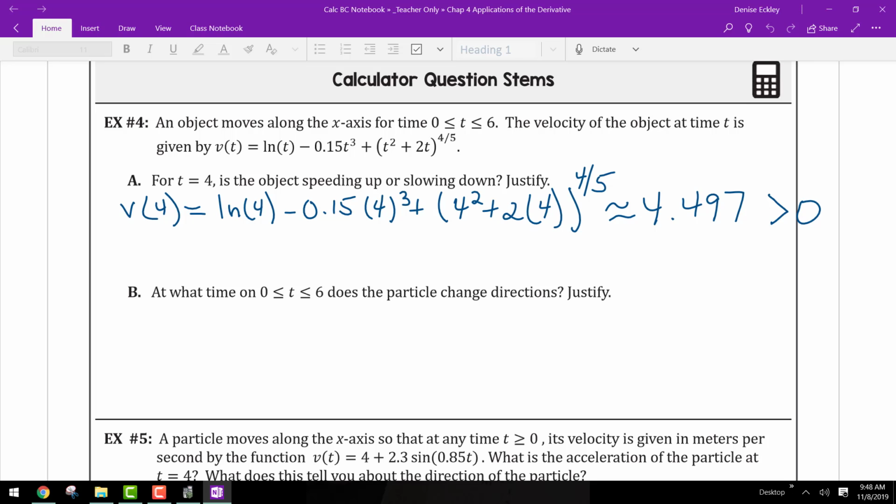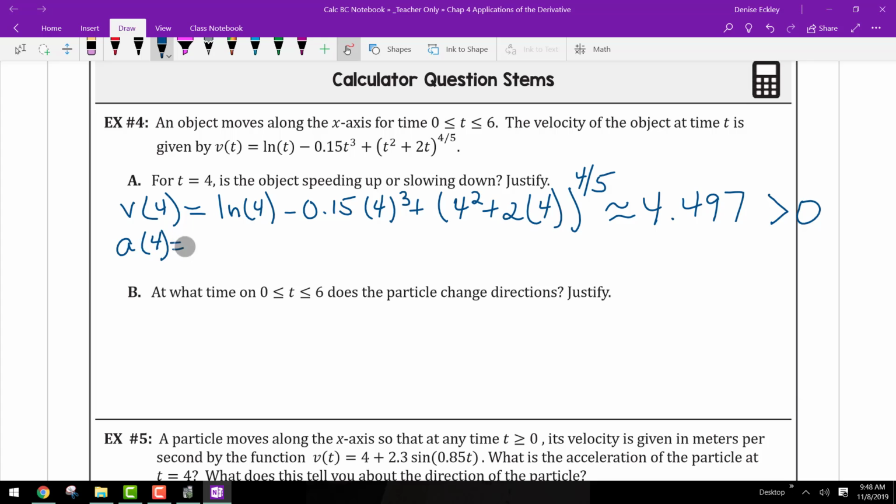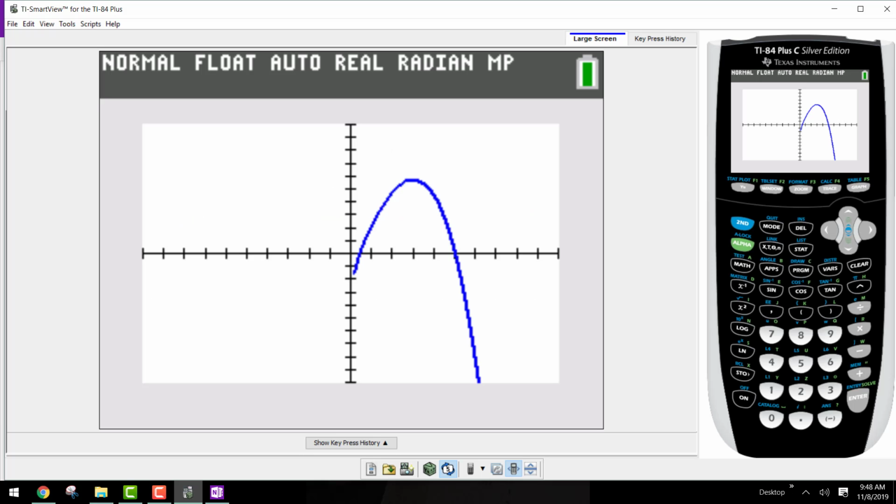Now just as a review, what I'm going to do is show you how to do this in your calculator. You can look at the graph, but you could also do it using our dy dt function. So a of 4, which is v prime of 4, is going to be approximately equal to, so what you want to do, there's the function. I mean, you could search for that. If you're looking on the graph where the particle's slowing down, that's going to be where the acceleration is 0.